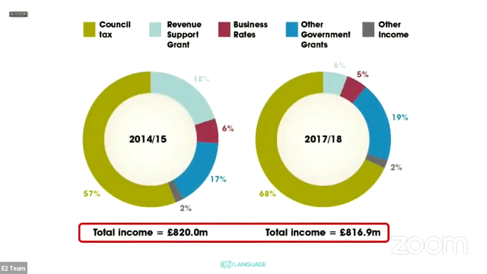All right, what have you got? Cool. Revenue. All right. Let's go back. Please compare these two. Total income, just one sentence. That's all I want.